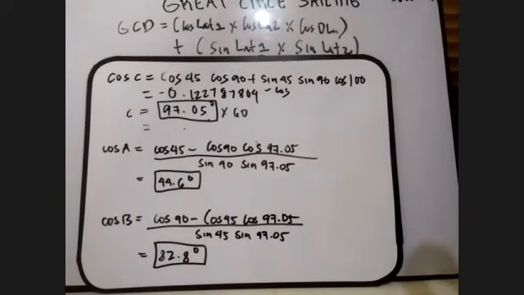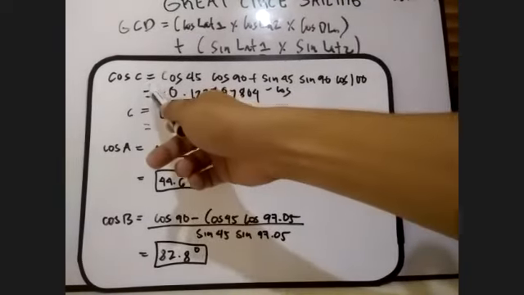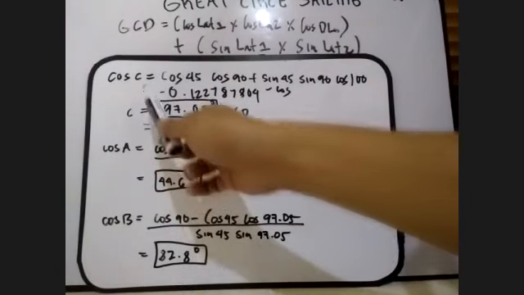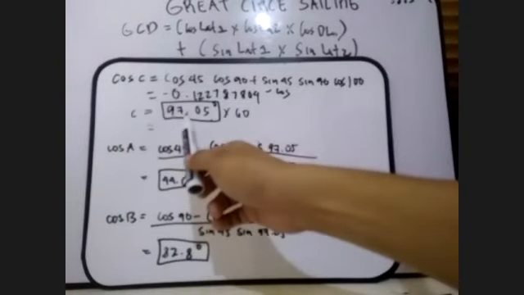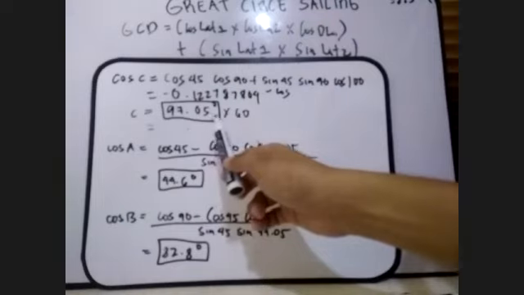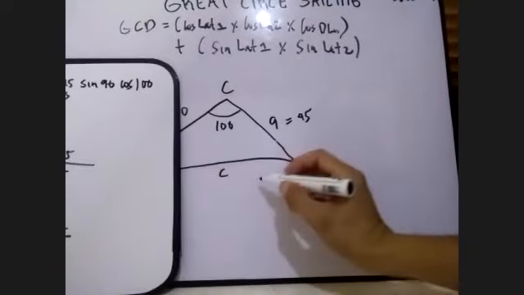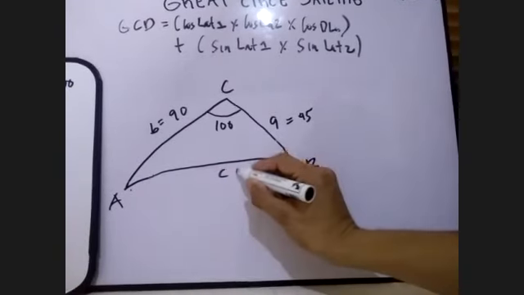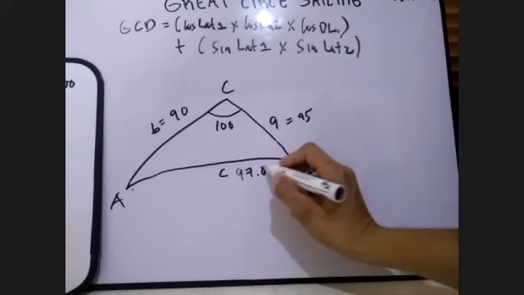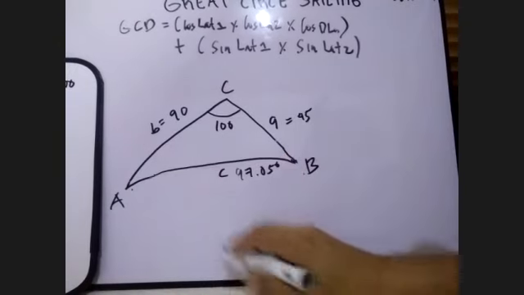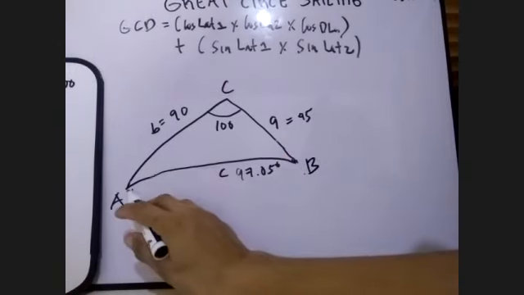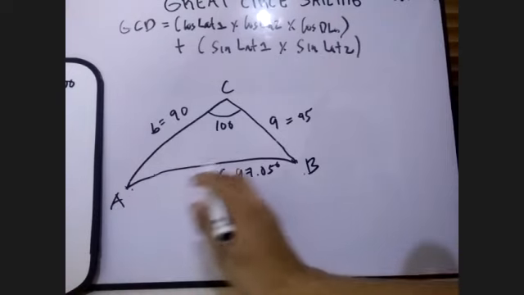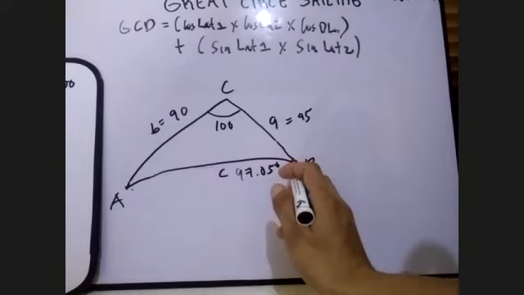So cos C, the answer is 97.05 degree. This is the arc from this point until this point in degree.